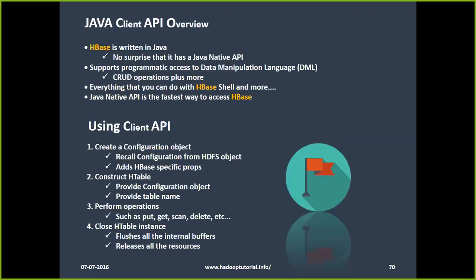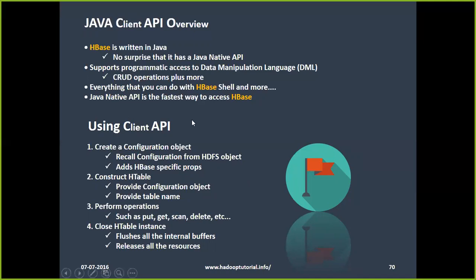So this is the same as, if you still remember, the Java HDFS client and MapReduce, more similar to the HDFS Java client. So creation of a configuration object and getting the file system object and doing the read and write operations there, right? So here also, mostly it's similar to that.